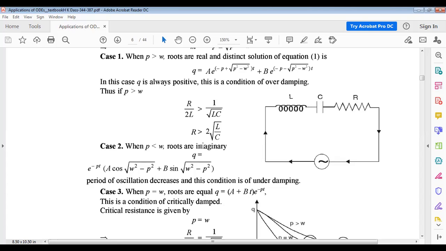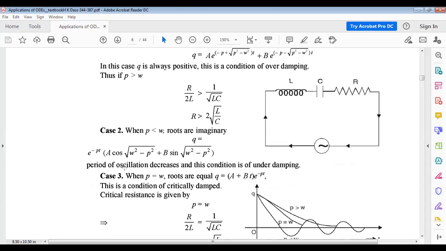So we must know from our previous lecture how to write the solution in that case: e to the power minus pt, a into cos root over this one plus b into sine root over this. So this is the period of oscillation decreases and this condition is under damping. This is another case, for imaginary roots.